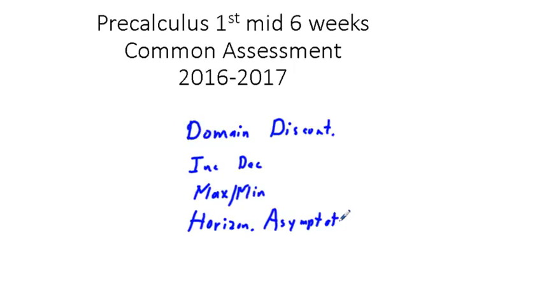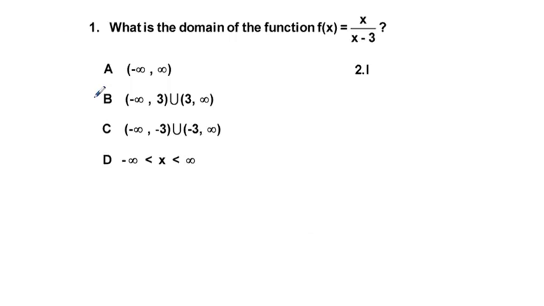Okay. So let's go over the problems themselves. What is the domain of the function f of x equals x over x minus 3? And for this, we can look for exclusions. As we find exclusions to the domain, we will know what the domain is.